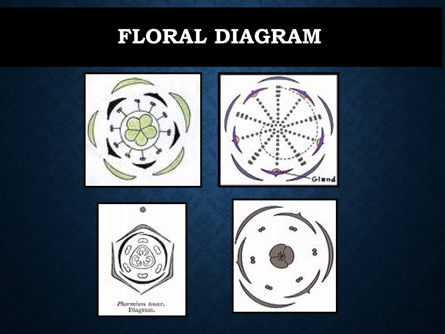Floral diagram. What is meant by a floral diagram? Actually, a geometric diagram which shows the floral characteristics is called a floral diagram. This diagram represents the floral characteristics of a plant.